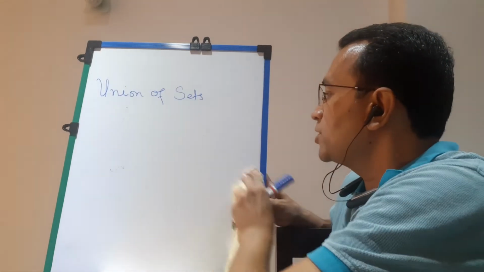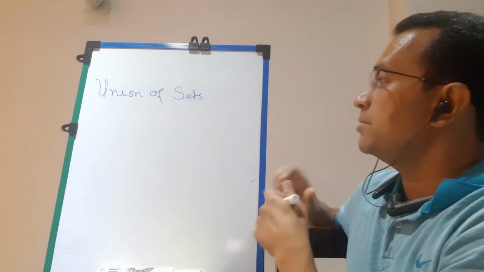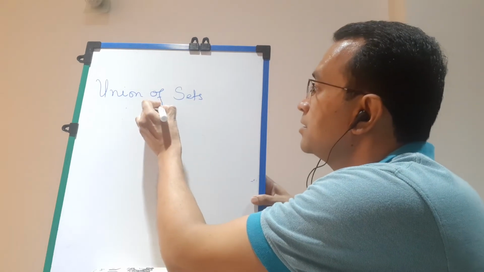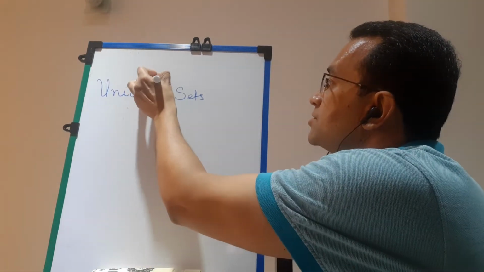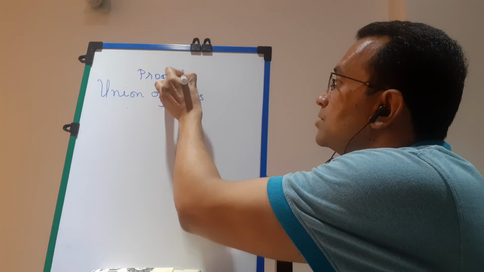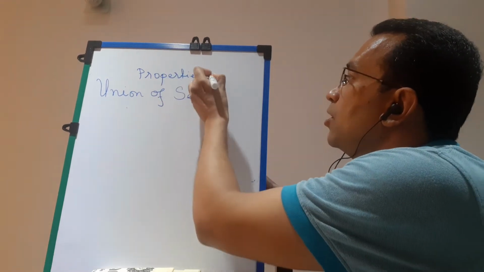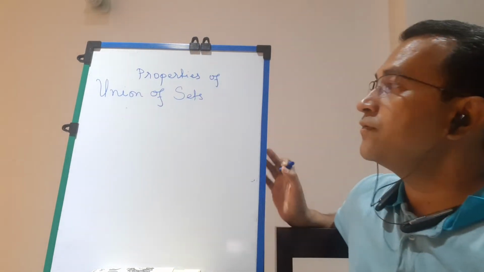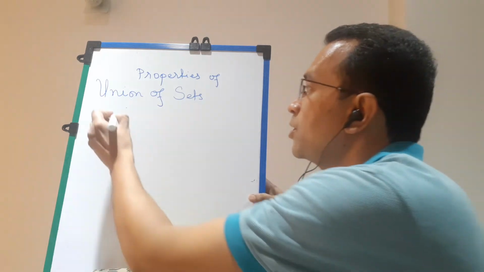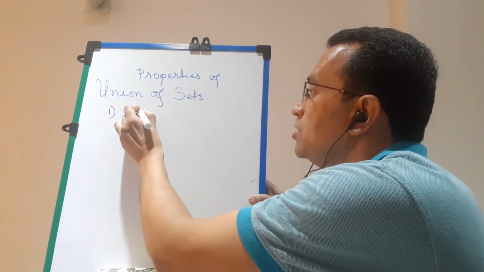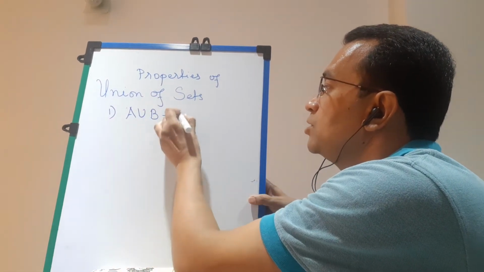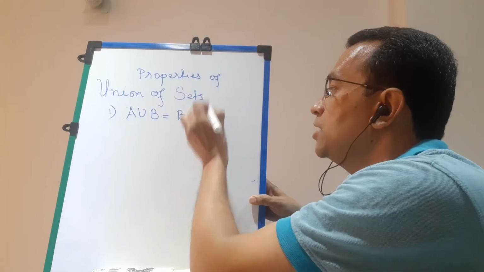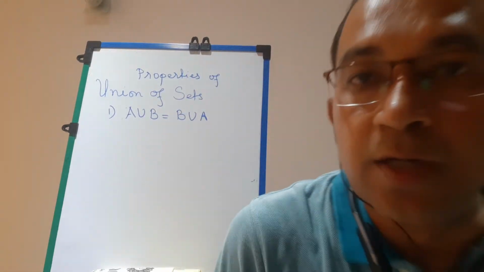These properties, students, we have to write three times to remember. Properties of union of sets. The first property is A union B equal to B union A. This is, students, commutative law.